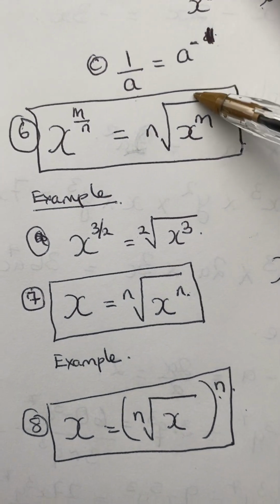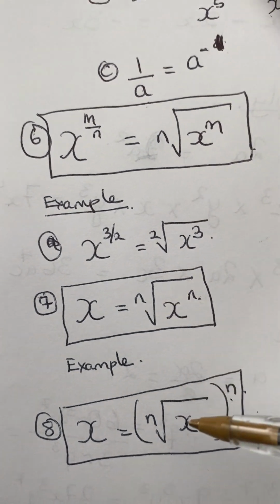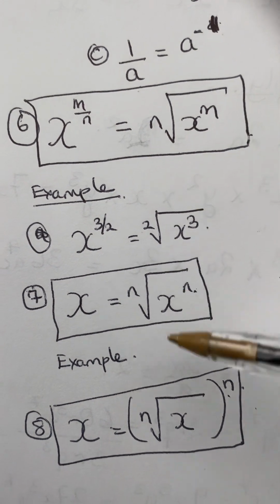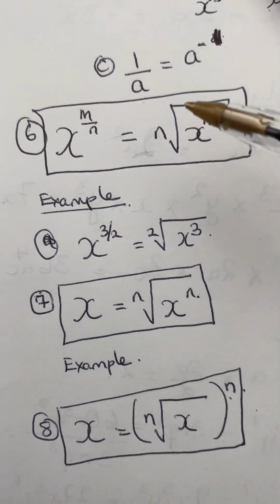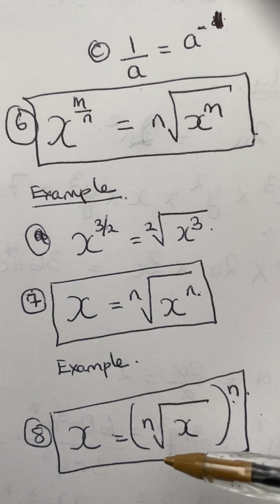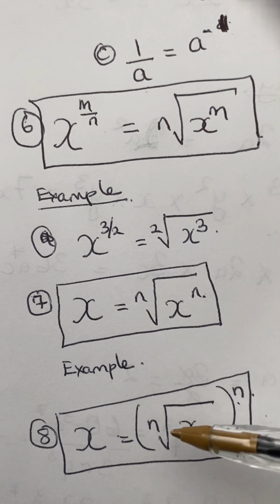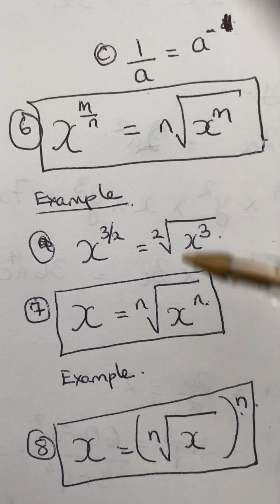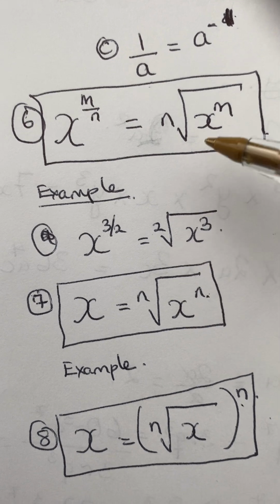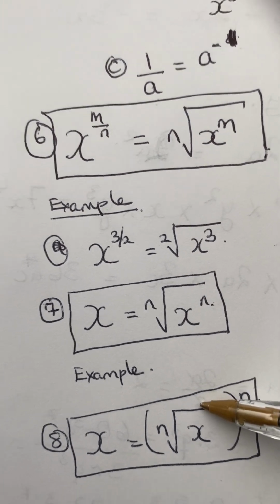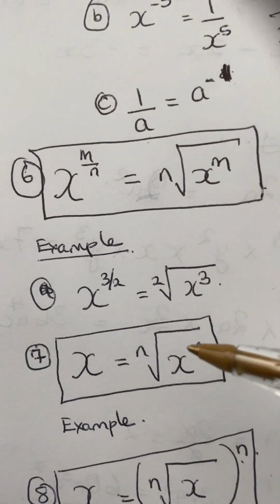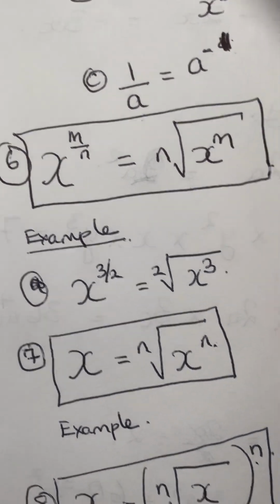So the 6th, the 7th, and the 8th, we are not going to use yet, but write them on your flashcard and keep having a look. When we are ready to use them, I will let you know. Everything we are learning is like watching a film.